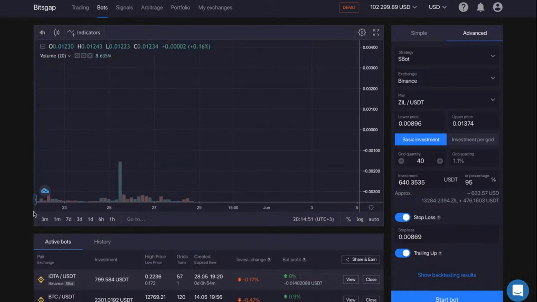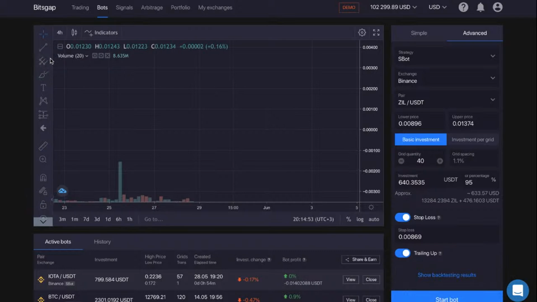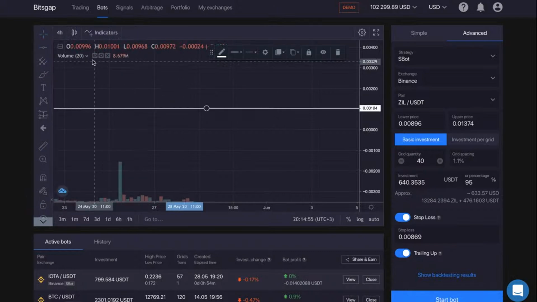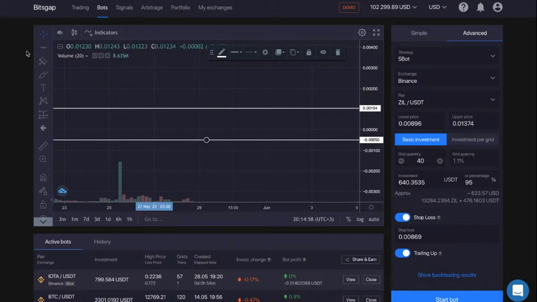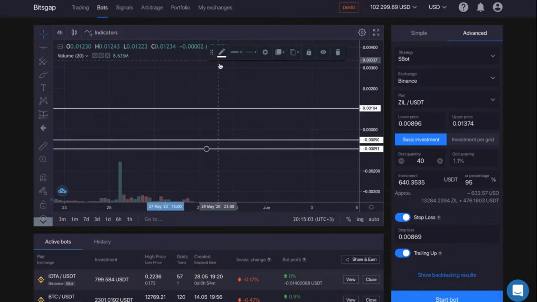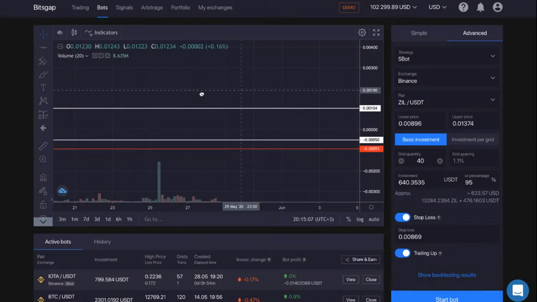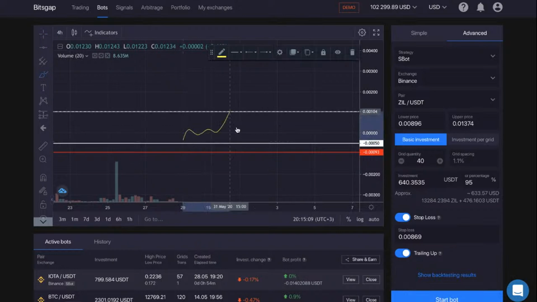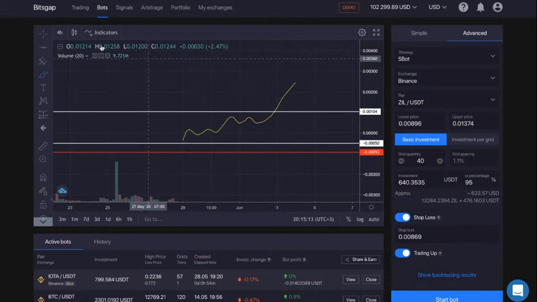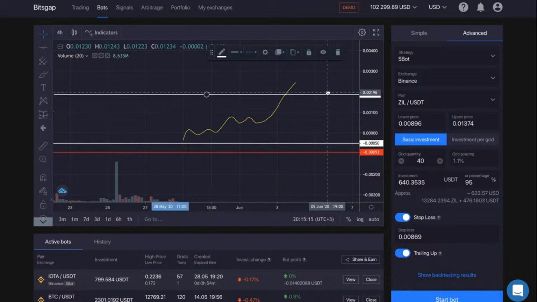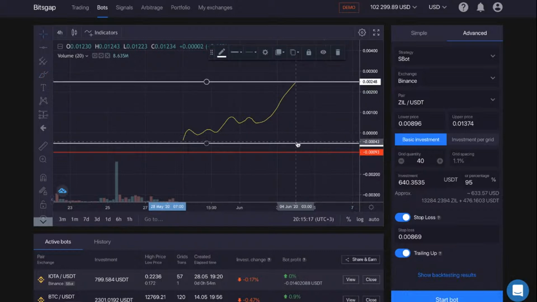So let's assume that you have a trading range over here, and you have a stop loss right below the bottom limit price, and let's make it red. As the price is moving upwards, so does the trading range, and so does the stop loss.